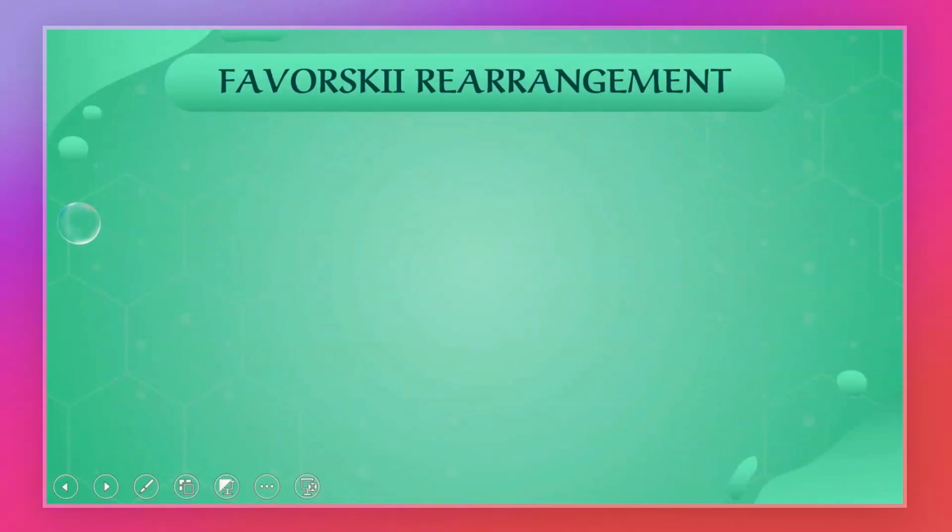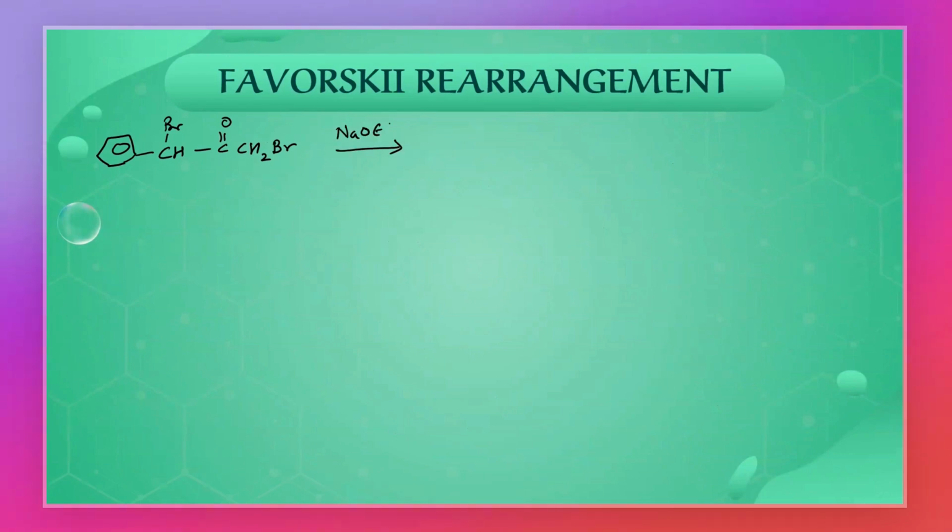Suppose I take the alpha alpha prime. Let us see what is the case there. Alpha alpha prime. So when I take the base, I'll be having preference in the formation of carbanion.